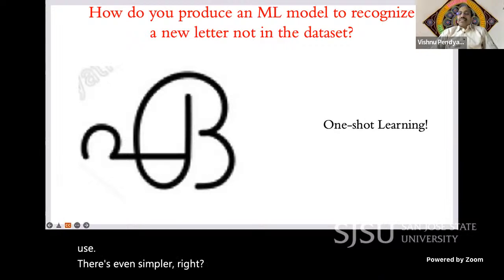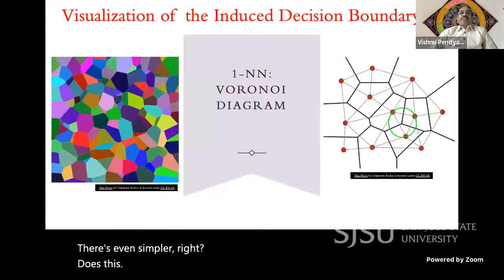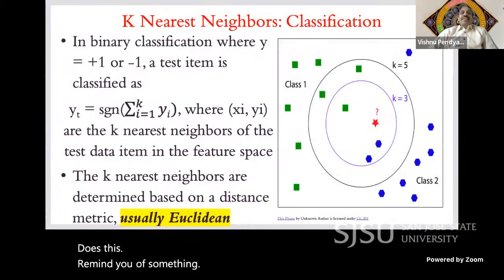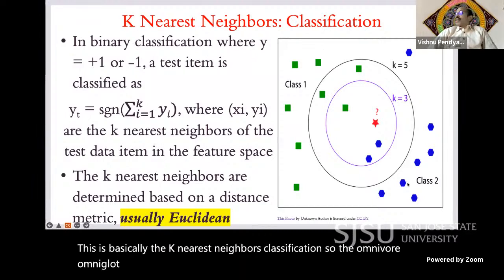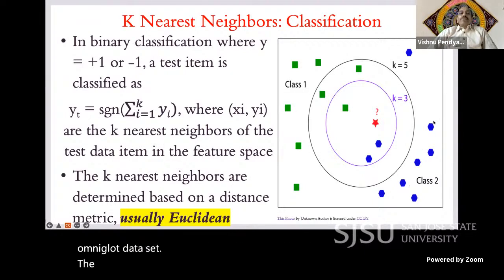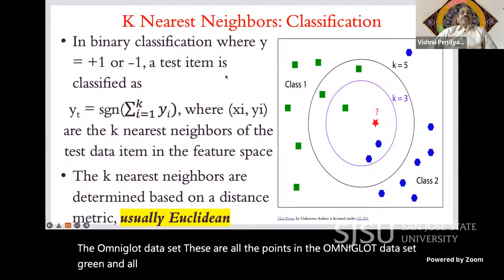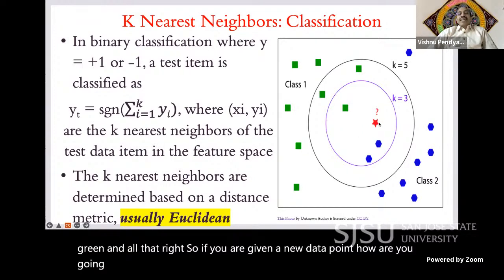Does this remind you of something? This is basically the k nearest neighbors classification. So the Omniglot data set, these are all the points in the Omniglot data set, green and all that, right? So if you are given a new data point, how are you going to determine its class? So you can use nearest neighbor algorithm, k nearest neighbors.